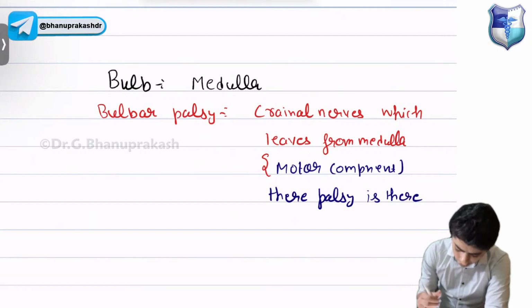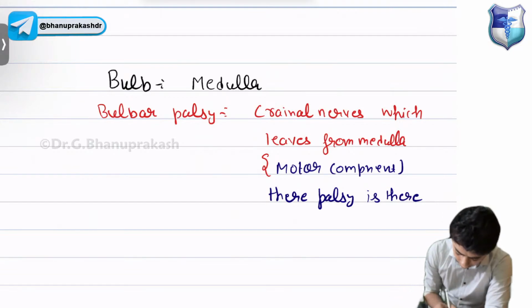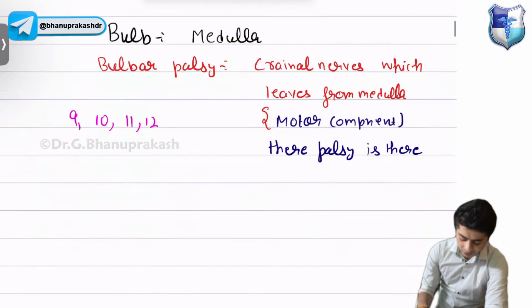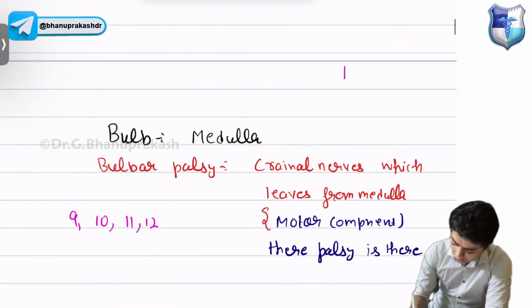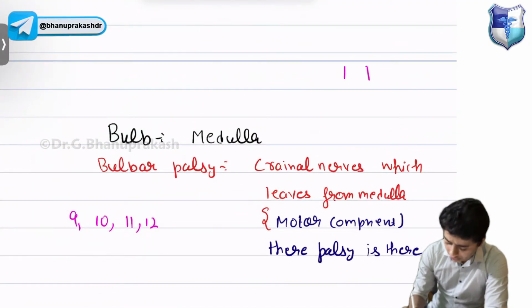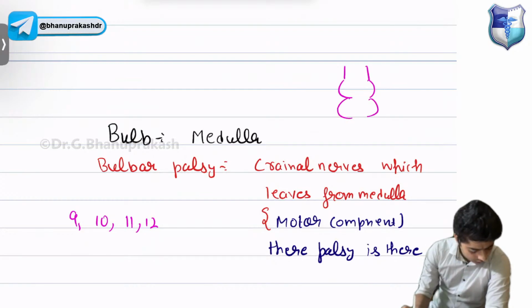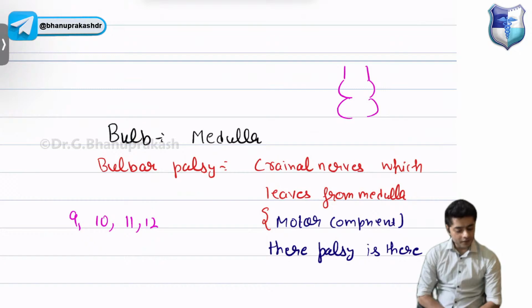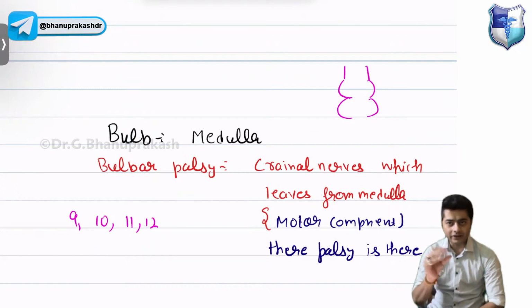Okay, so your 9th, 10th, 11th, and 12th. An easy way to remember is that this is your midbrain, then comes your pons, and then comes your medulla. Yes, Dheeraj, you are right, 9, 10, 11, 12 cranial nerves.